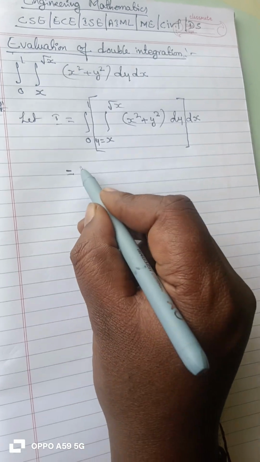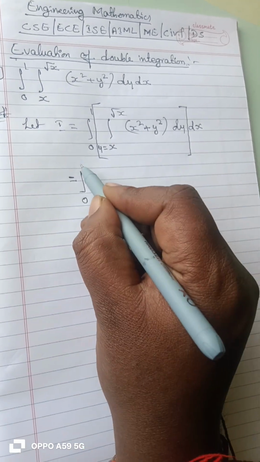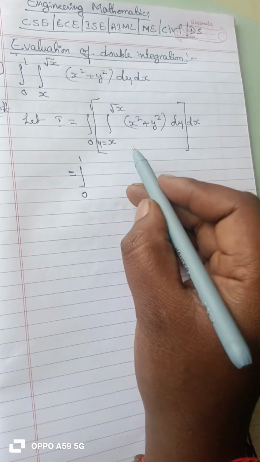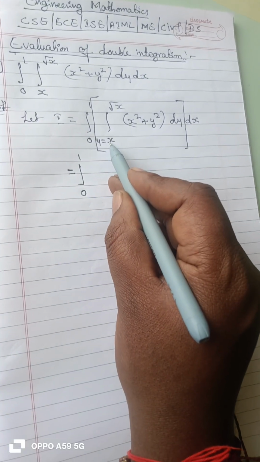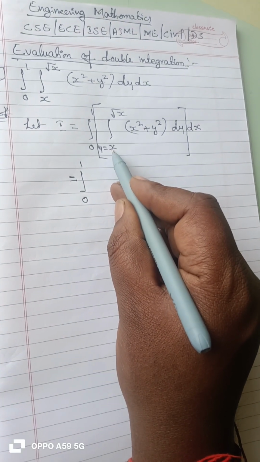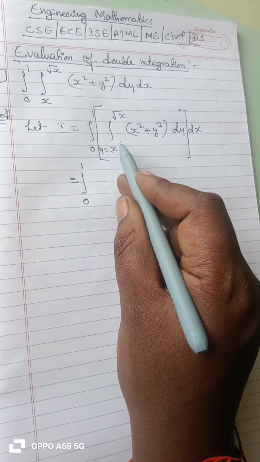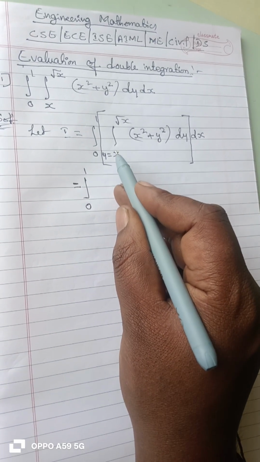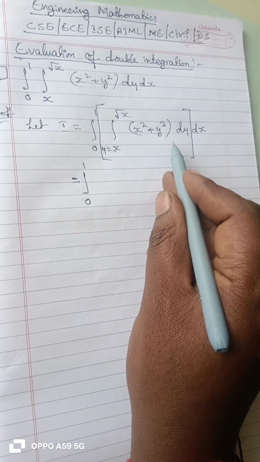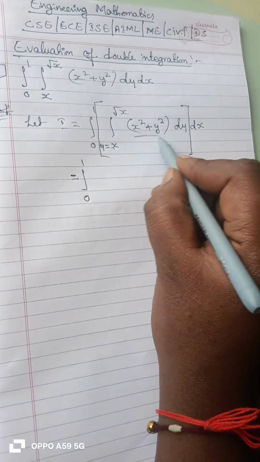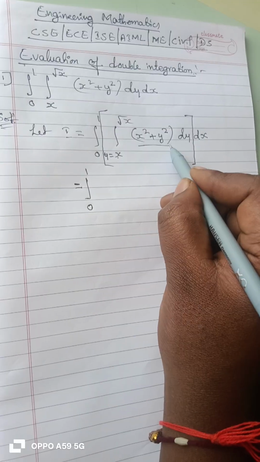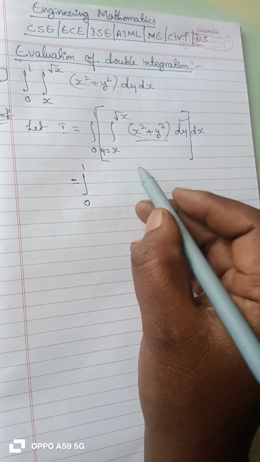Next step, this one you can keep as it is, constant. The limits have been given as x variable, which indicates the y limits. This function we need to integrate with respect to dy.